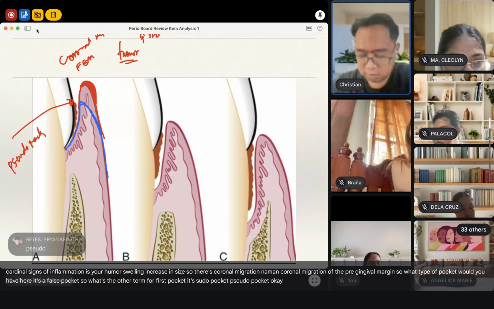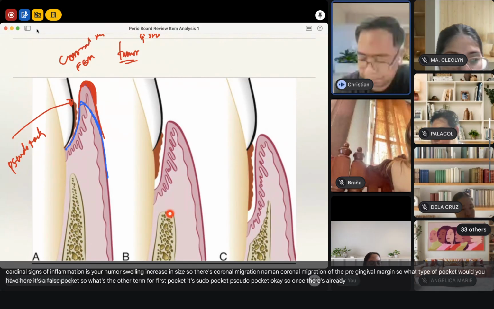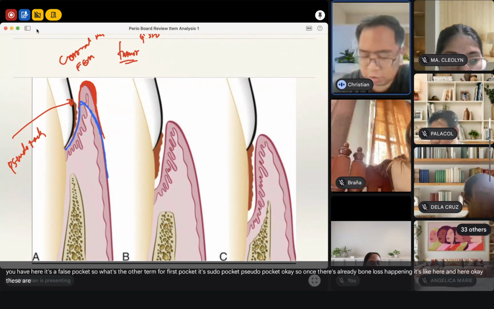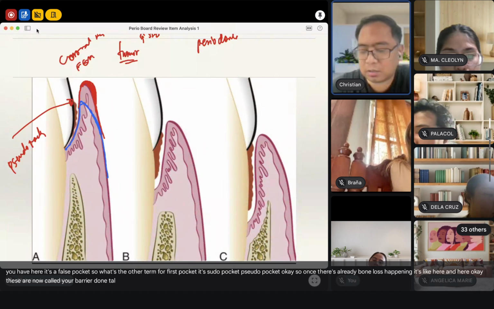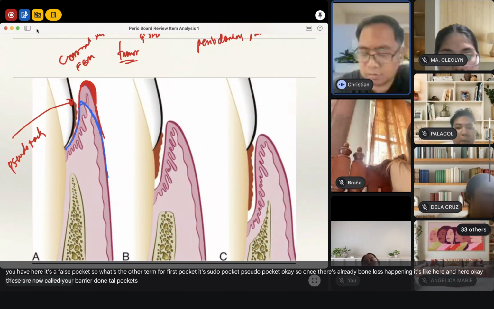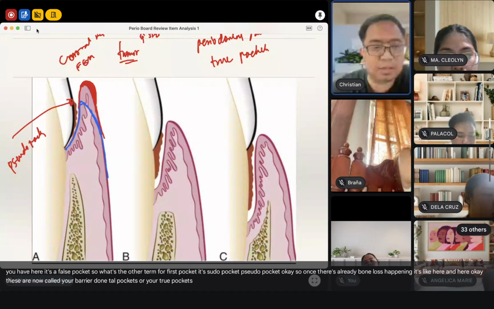Okay. So once there's already bone loss happening, it's like here and here. Okay. These are now called your periodontal pockets or your true pockets. Okay.